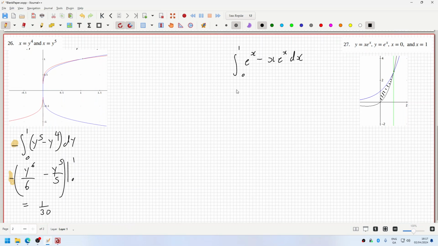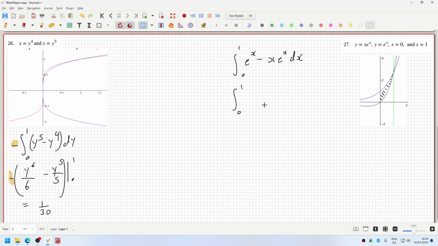In fact, that kind of looks, if it wasn't for the minus, it would look like the derivative of x e^x, because the derivative of x e^x would be e^x plus x e^x. That's quite close. It's unfortunate about the minus though. Pity.